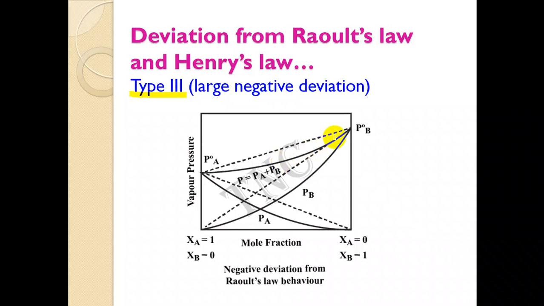The actual pressure would be smaller than the expected pressure, right? So this is a type 3 solution. Based on Henry's law as well as Raoult's law, we can classify solutions as type 1, type 2, type 3, that is, small positive deviation, large positive deviation, and large negative deviation.